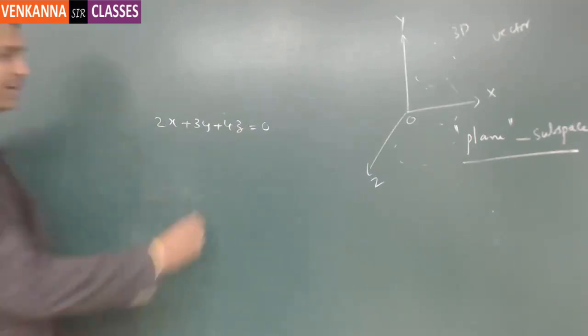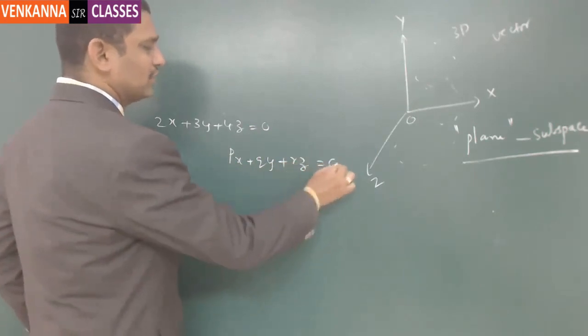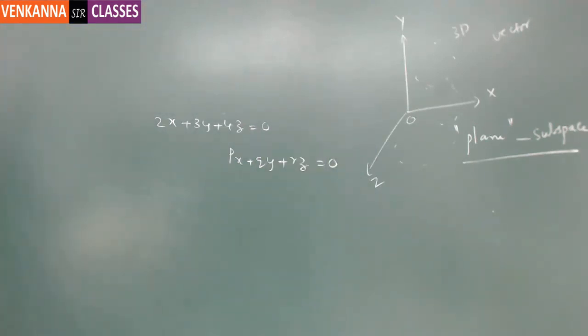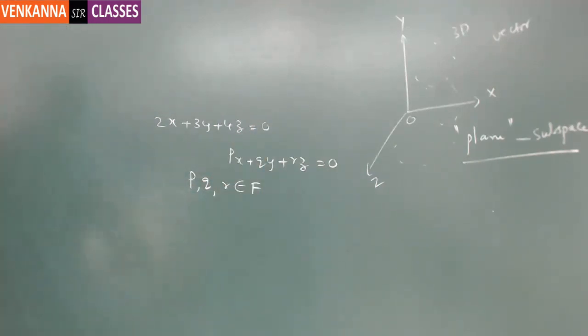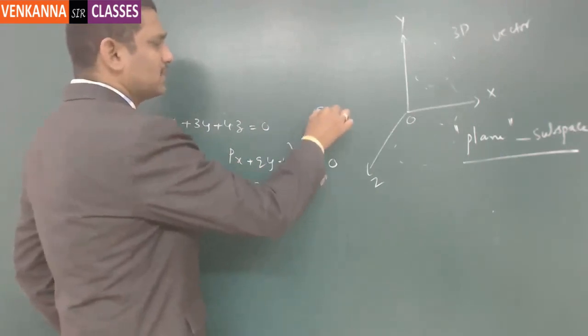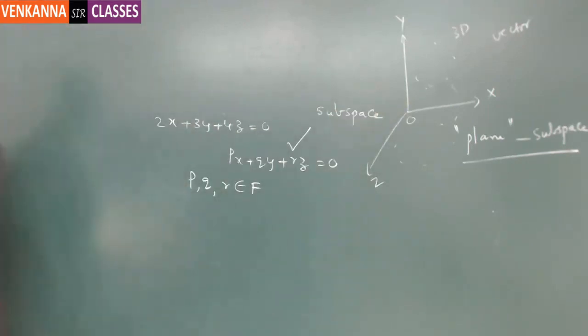Whenever I have written a plane equation, Px plus Qy plus Rz equal to 0, where P, Q, R are some numbers in the field F, then always this plane is a subspace. So I want to prove that every plane in three-dimensional space passing through the origin is a subspace of it. Is that clear?